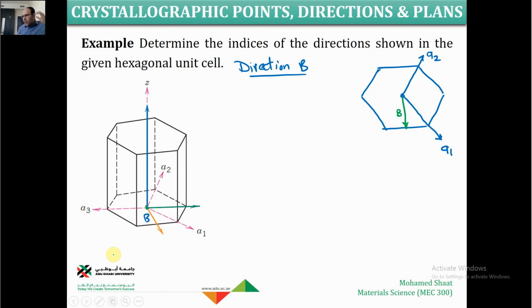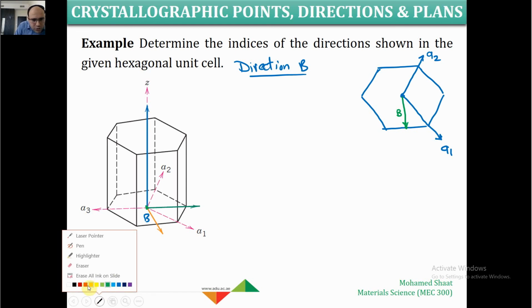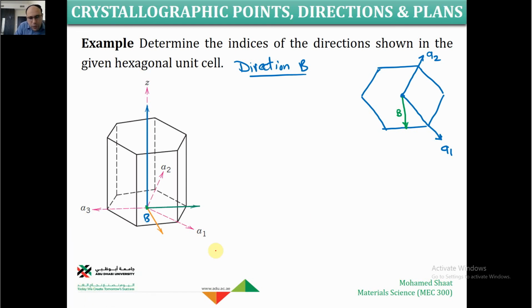How can we define U prime and V prime for this direction B? There are different ways. I'm going to give you the simplest one, but I'll give you the complicated method first. As usual, your objective is just to specify how long you move parallel to A1 and A2 until you reach the end point of this vector.